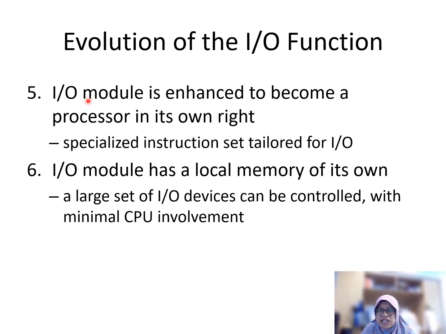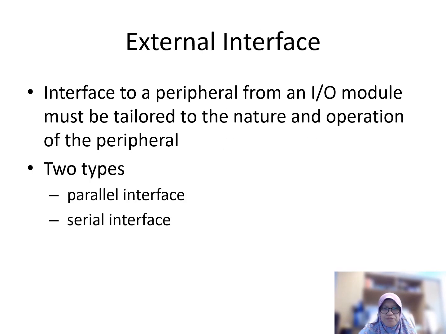The fifth evolution is that the I/O module is enhanced to become a processor in its own right, and contains a specialized instruction set tailored for I/O. For example, a graphic card contains its own specialized GPU processor with its own specialized instruction set tailored for that graphic card. The sixth evolution is that the I/O module has a local memory of its own. So a large set of I/O devices can be controlled with minimal CPU involvement.